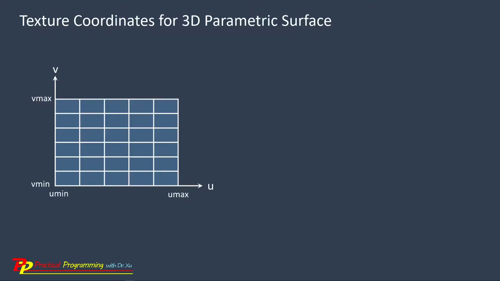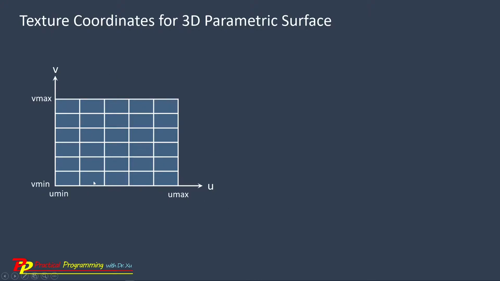In the parametric UV plane, the grids used to create a 3D parametric surface are divided with equal spacing along both the U and V directions.